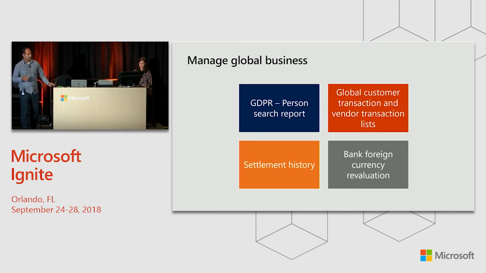Most of these are obvious. And what the right to restrict processing means is that, hey, I don't want my data to go to Google services from your system. And Microsoft has been working diligently as a processor of this data to help you get compliant with GDPR. In finance and operations, we have added a report called the Person Search Report.